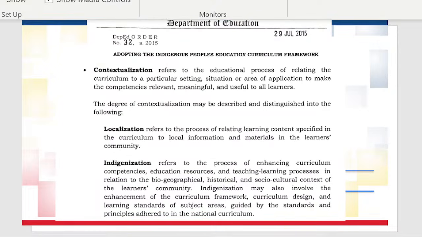DepEd Order number 32 series of 2015 also highlights contextualization, wherein educational processes relate the curriculum to a particular setting, situation, or area of application to make the competencies relevant, meaningful, and useful to all learners.